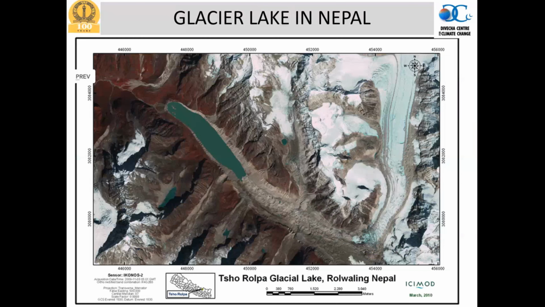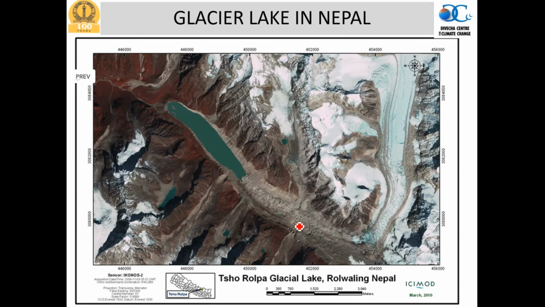You can also look at this on satellite images, and you can see how huge these lakes are. This is one in the Tso Rolpa glacial range in Nepal, and you can see that this is a fairly old picture, but you can see how large lakes can be formed due to the retreating glacier.